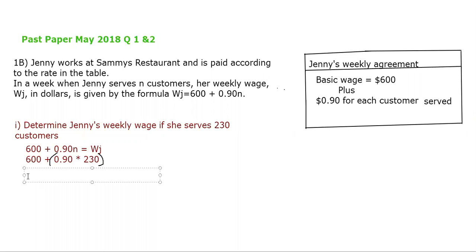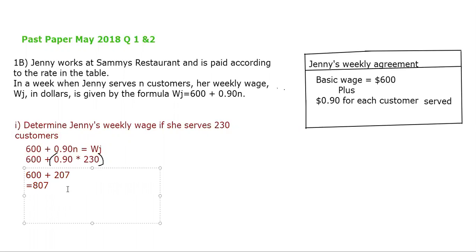So of course, let us put in our 600 plus, and let us multiply the 0.90 by the 230, right? And of course, we get 207, right? So the 600 plus the 207 is equal to $807.